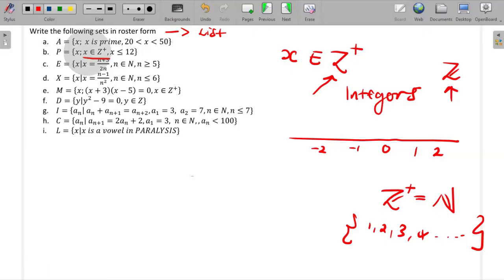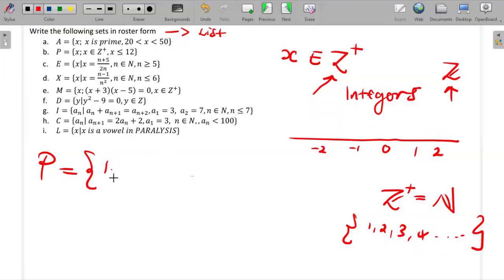Okay, so this is what we've been told here. We've been told that this set P is a set of x such that x is a positive integer, which is just the same as a natural number. And this x is actually less than or equal to what? To 12. So meaning that the numbers that are going to be in this set P will just be the numbers from 1 to 12. That's all.